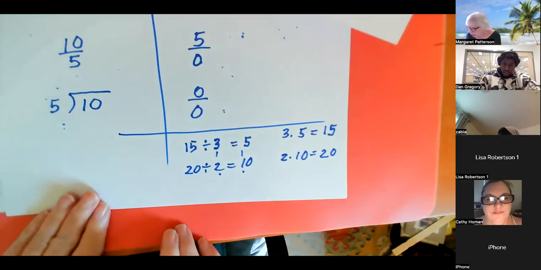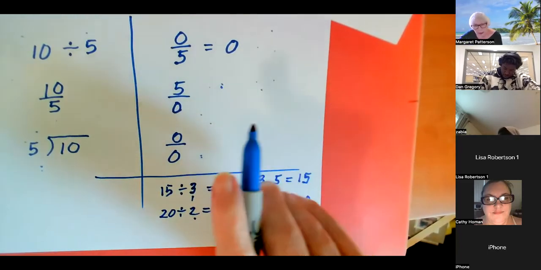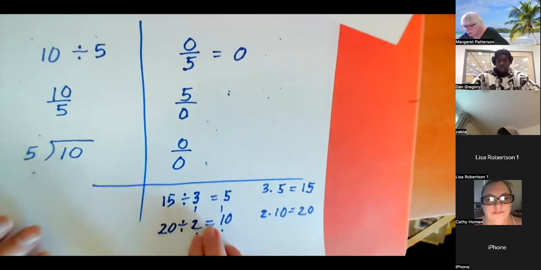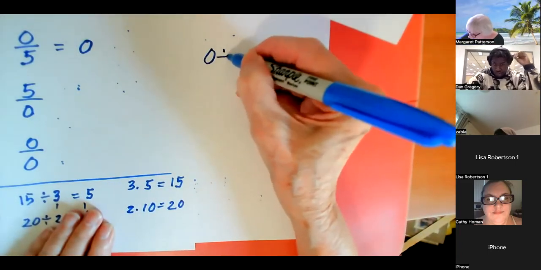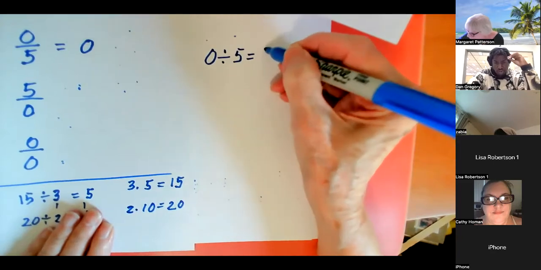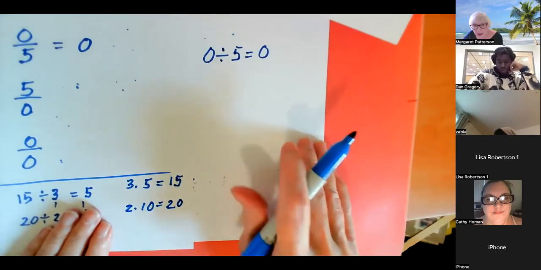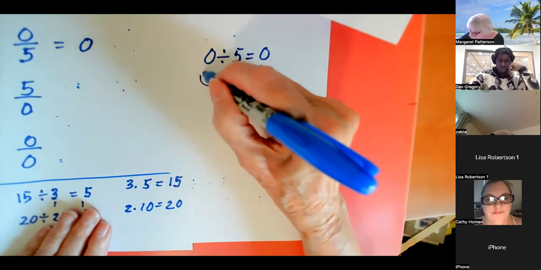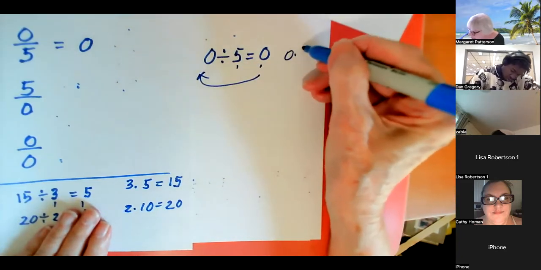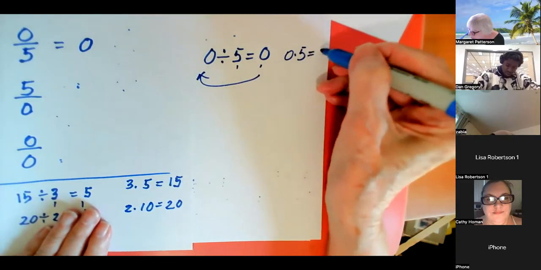Now, back to this problem. 0 divided by 5 is 0 because this times this goes back to the original thing. So 0 times 5 or 5 times 0 is 0.